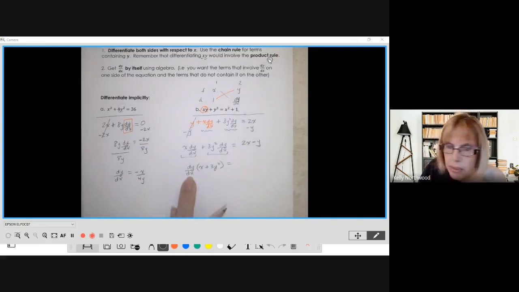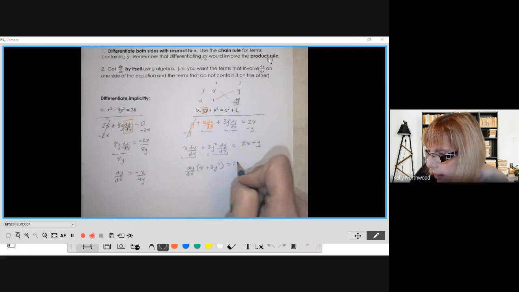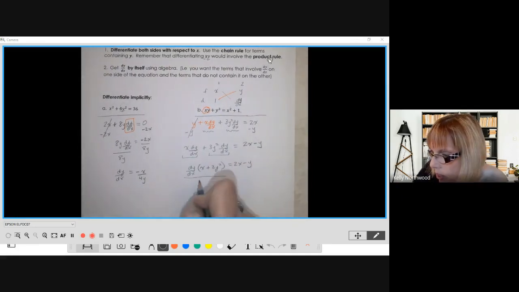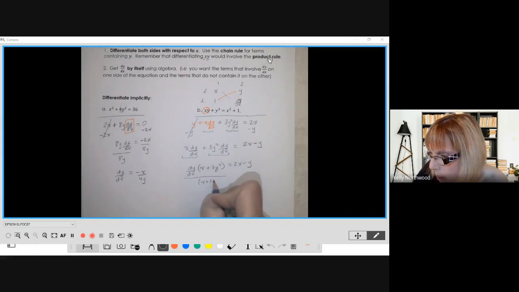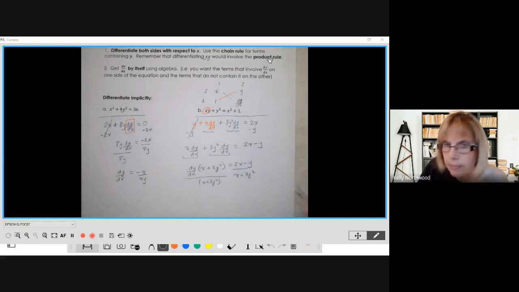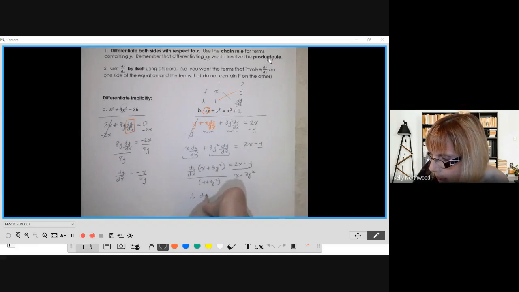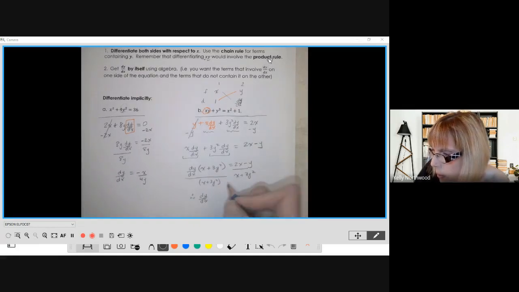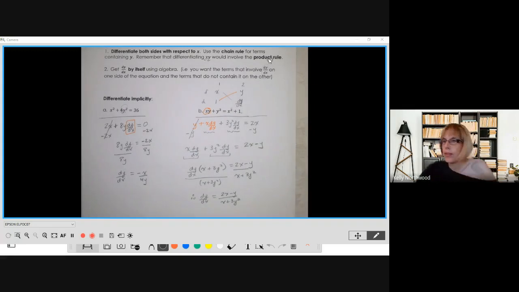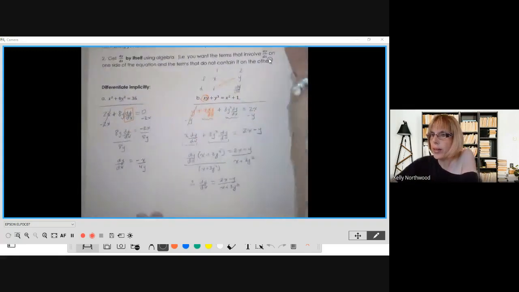So I common factored out dy by dx. And then to get dy by dx by itself, I'm going to divide each side by x plus 3y squared. So that means, therefore, dy by dx, or y prime, slope of the tangent, is equal to 2x minus y over x plus 3y squared. So the derivative is in terms of x and y as well.